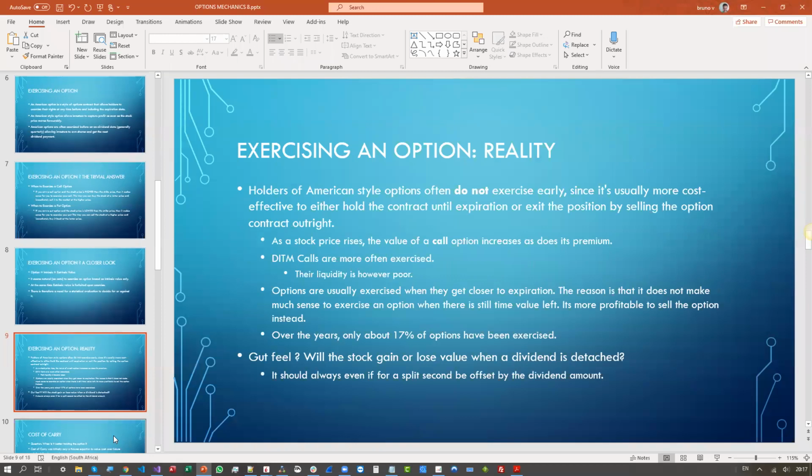And in reality, not many holders of American options exercise early. And I'm not talking about transaction prices, costs, and all those things. The thing is that, as you can read down in the slide, only 17% of options are actually exercised.